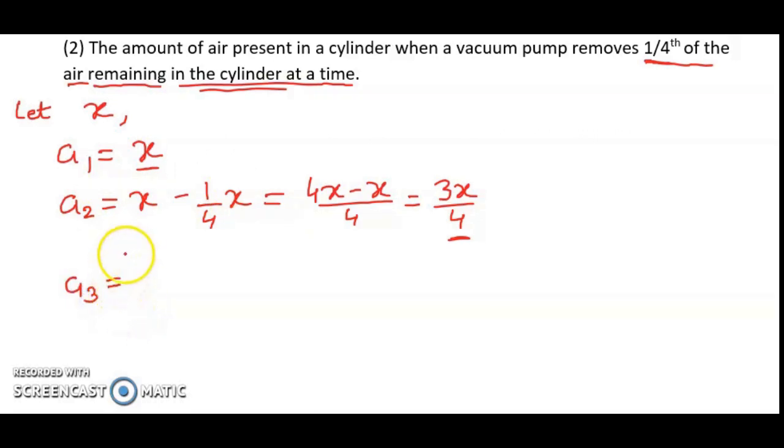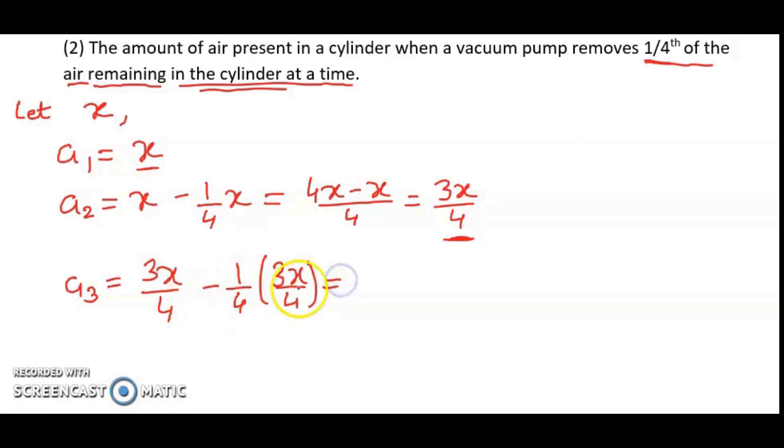Now for the third term, again the vacuum pump will remove 1/4 of the remaining air. So how much air is remaining now? That is 3x by 4. So 1/4 of the 3x by 4 will be removed by the vacuum pump.